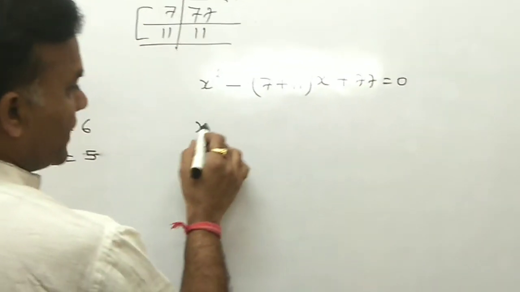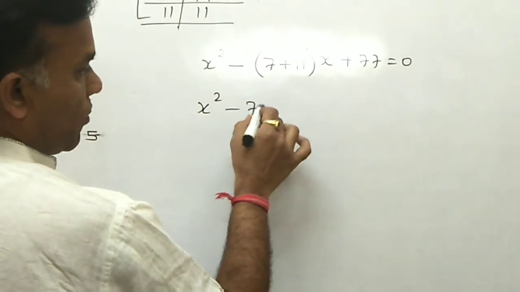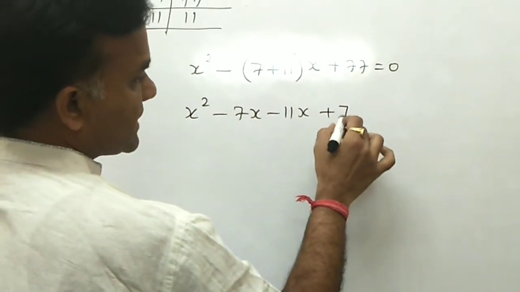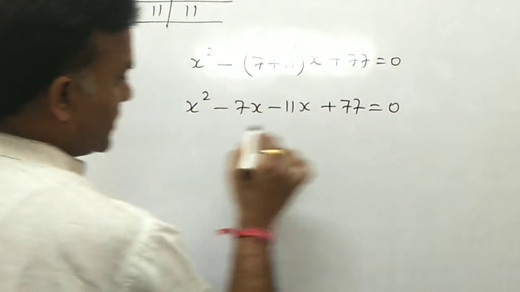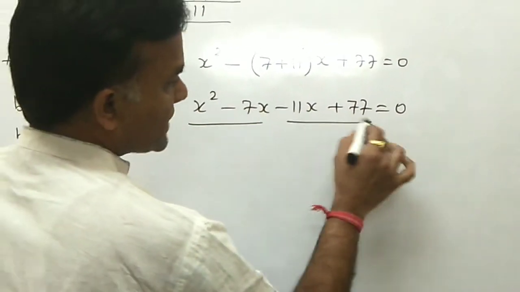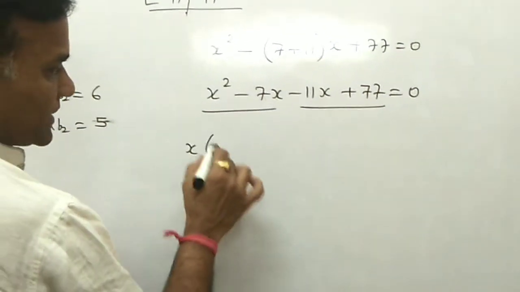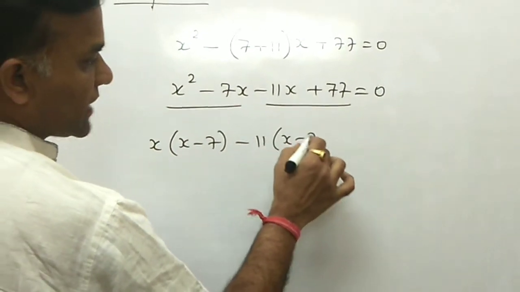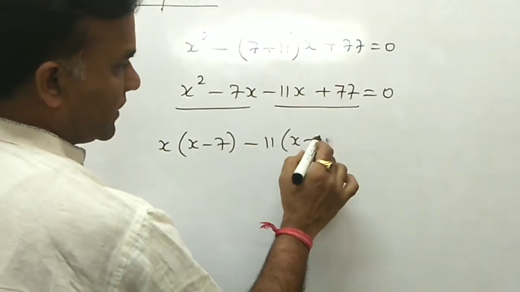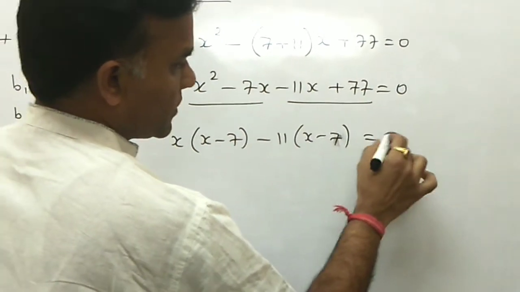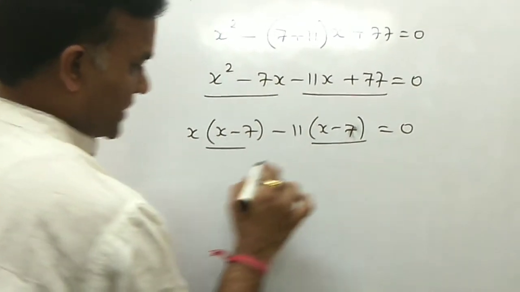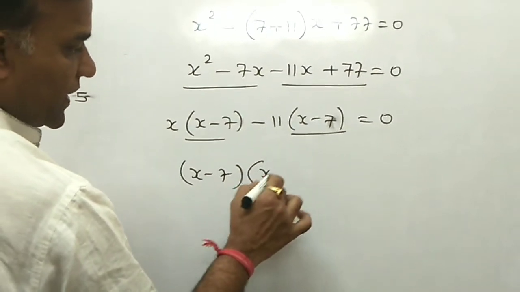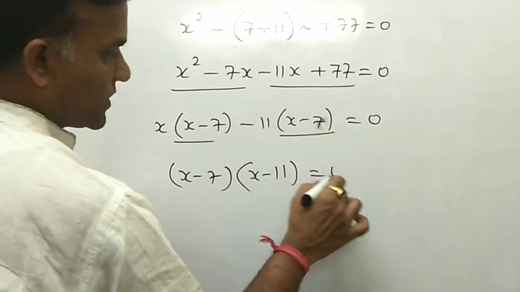to 0. So now again open this bracket, then we have x square minus 7x minus 11x plus 77, which is equal to 0, and then the first pair and the second pair. We take x outside, and then x minus 7, and minus 11 is common, then x minus 7 is equal to 0. So x minus 7 is overall common, so you put x minus 7, then the rest is x minus 11 equal to 0.